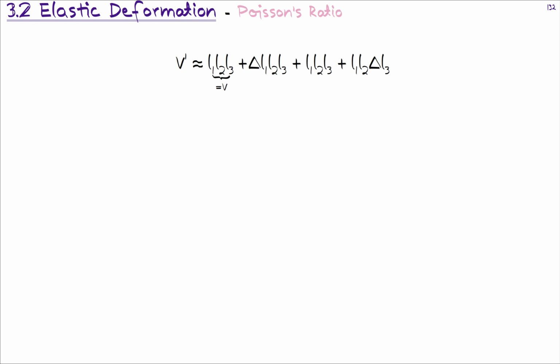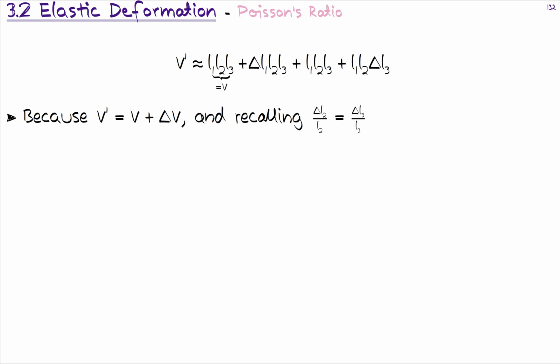So now we can rewrite that the first term is the original volume V of the cubic object. And V prime we can always write in the form of the original volume V plus some change in the volume. And recalling that we do have this Poisson's ratio that we can take use of, like we have these delta L2 divided by L2 terms.